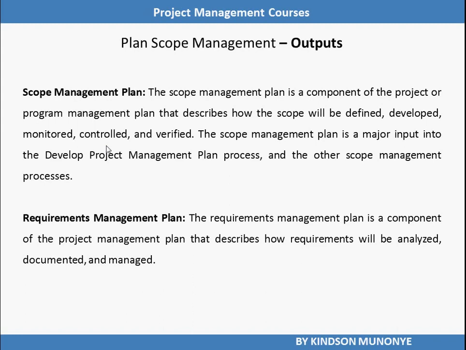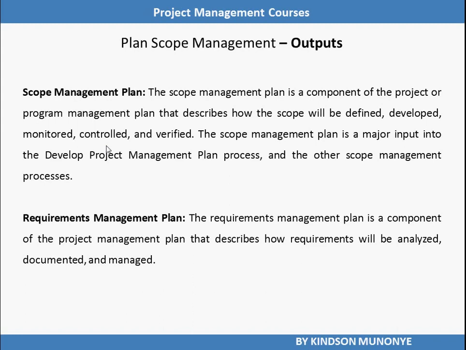Another output of the plan scope management is the requirements management plan. The requirements management plan is a component of the project management plan. It describes how requirements will be analyzed, documented, and managed.